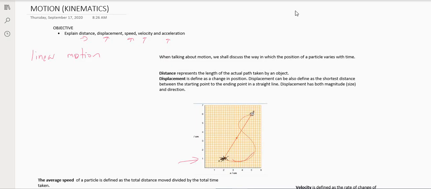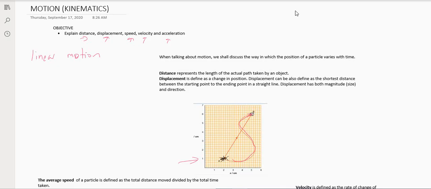So the ant is traveling this path just to find a piece of sugar, right? Now, in physics, we refer to this as the distance, right? And distance is the actual length that something has taken, or an object has traveled, so to speak, right?